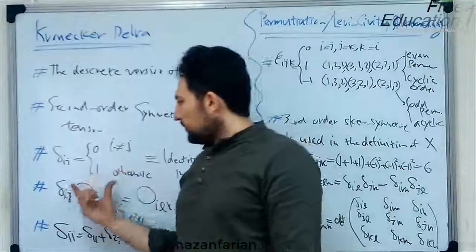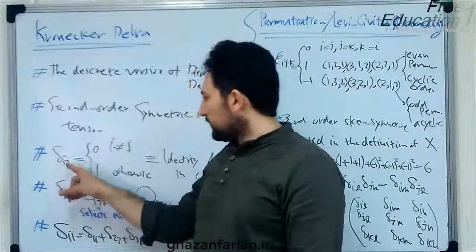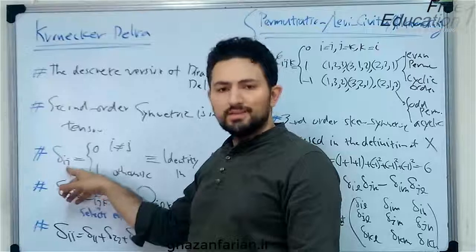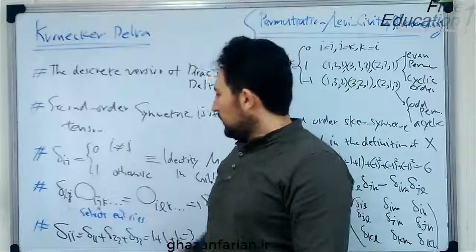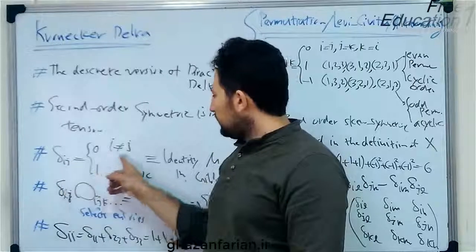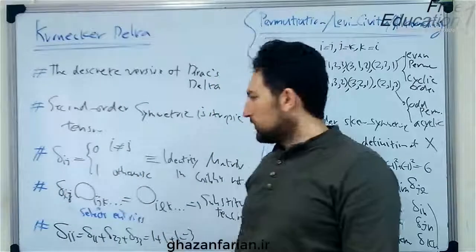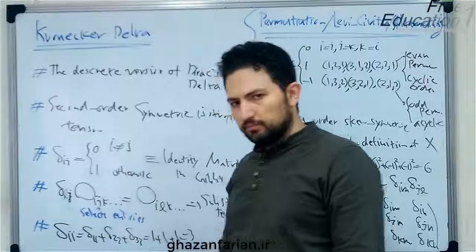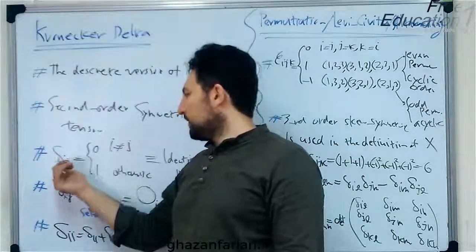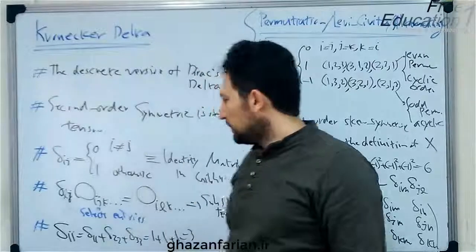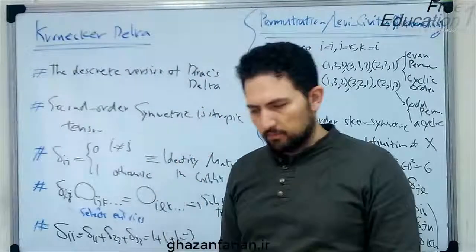The definition is here, that the Kronecker delta, you see here two indices, so this is a second-order tensor. When two indices are not identical, the result is zero. And otherwise, when the indices are identical, the result is unity.